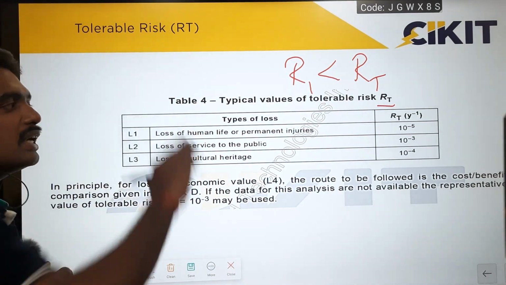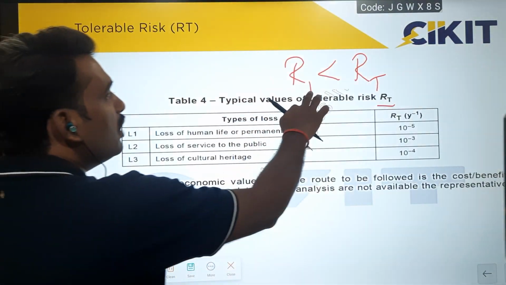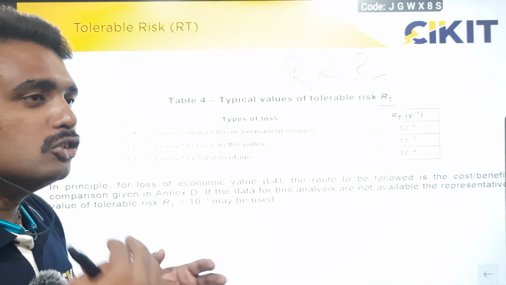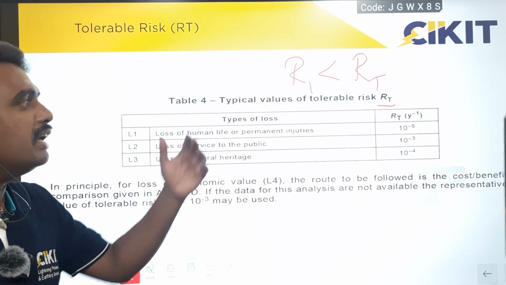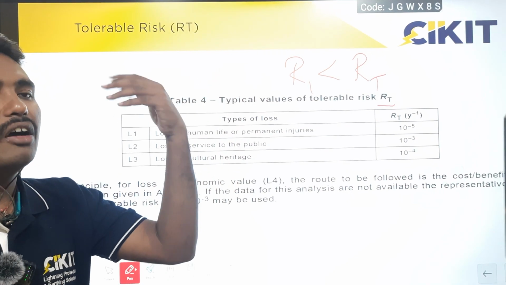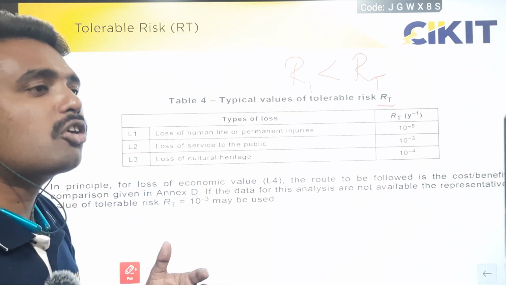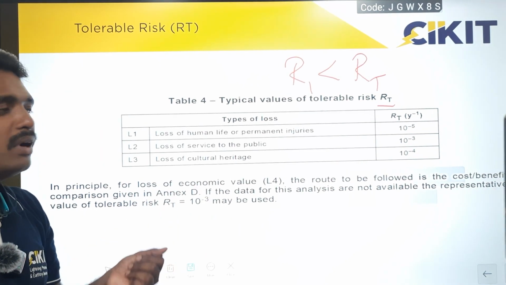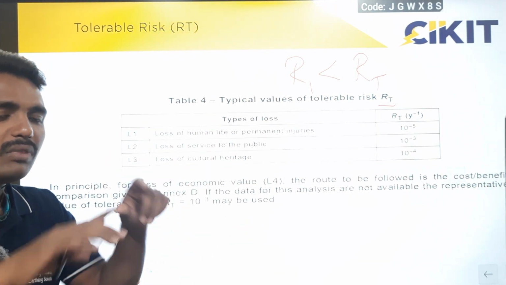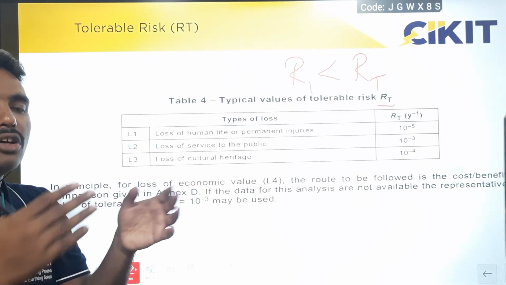If I am performing the calculation and I find that the value of R1 is greater than RT, then I have to incorporate protection measures. For example, if I have considered the building without a lightning protection system and I found that R1 is greater than RT, then I have to incorporate the protection measures, like installing a lightning protection system. I can also go for a notice, warning notice, or physical isolation.